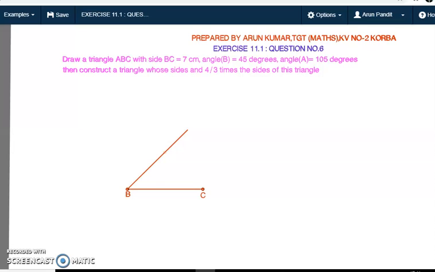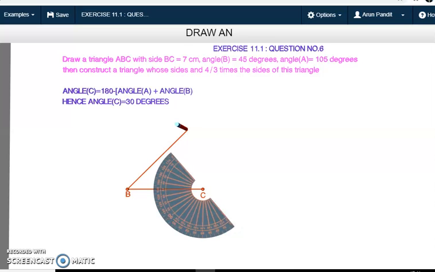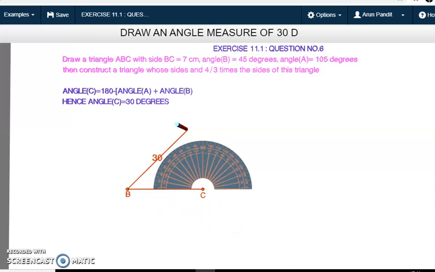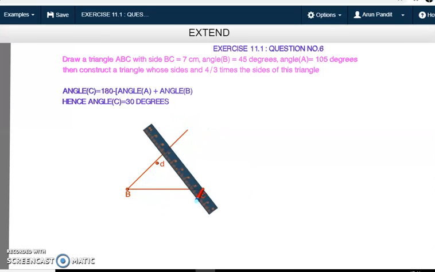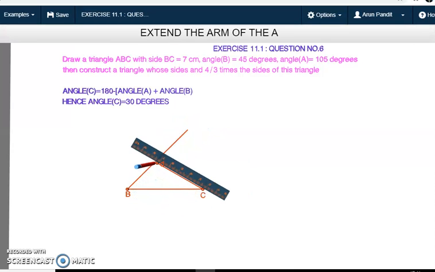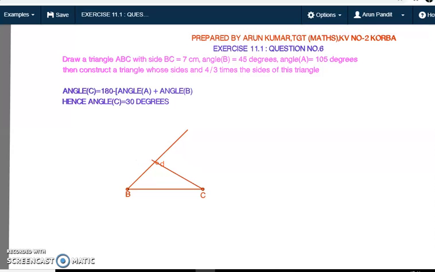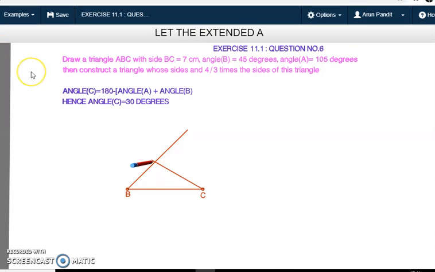It should be 30 degrees. So at C you construct an angle of 30 degrees. So these two line segments intersect at point A.